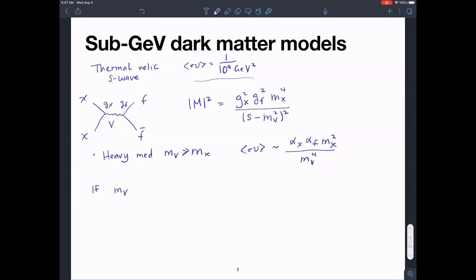So then let's go back to the possibility of a weak scale mediator, by which I mean, say, 100 GeV or maybe even up to TeV. And I might also take the coupling of the mediator with the standard model to be similar to the weak coupling, just say 0.03.